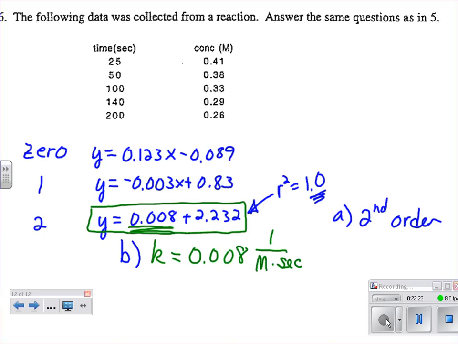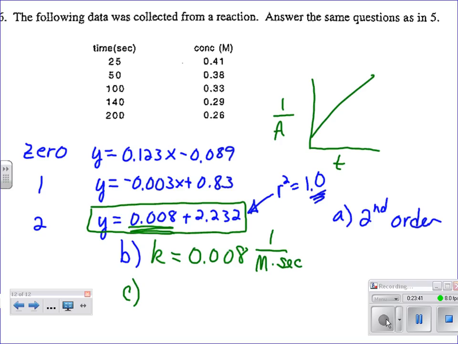And then the last little thing that we want to do is figure out our initial concentration. Think back to what that graph looks like. When you're looking at a second order reaction, you've got time here, and you've got 1 over concentration here.